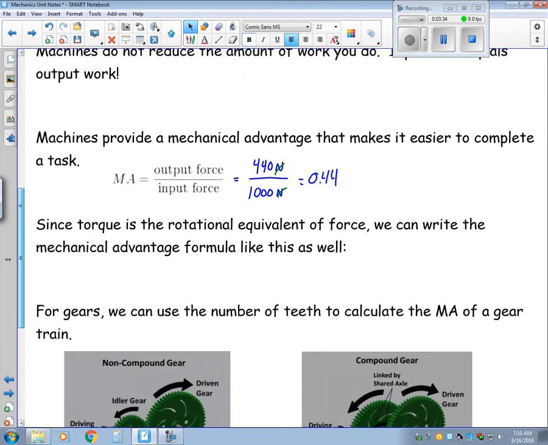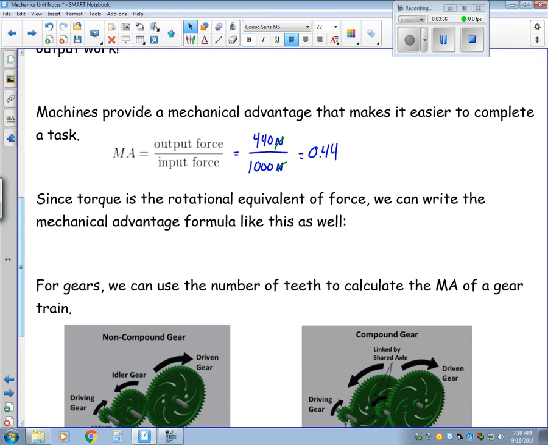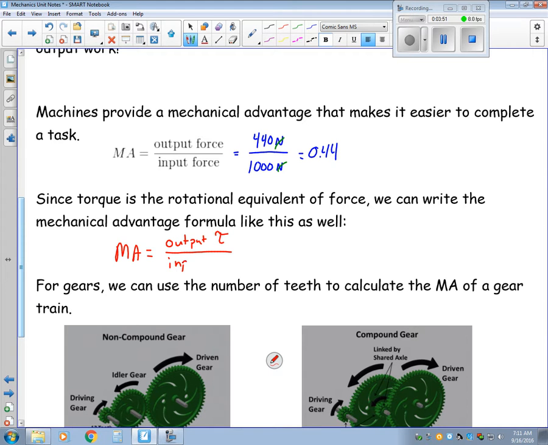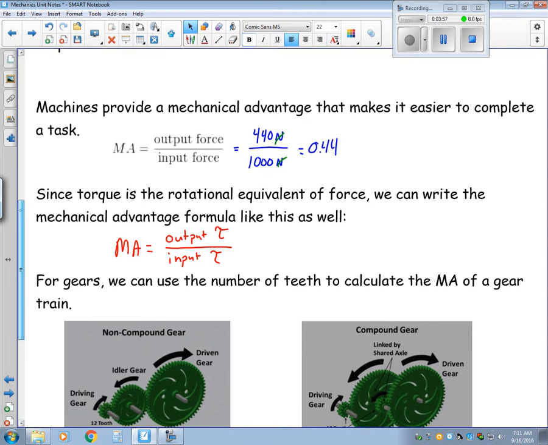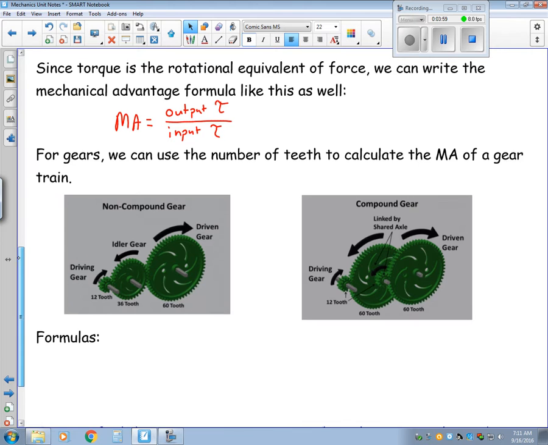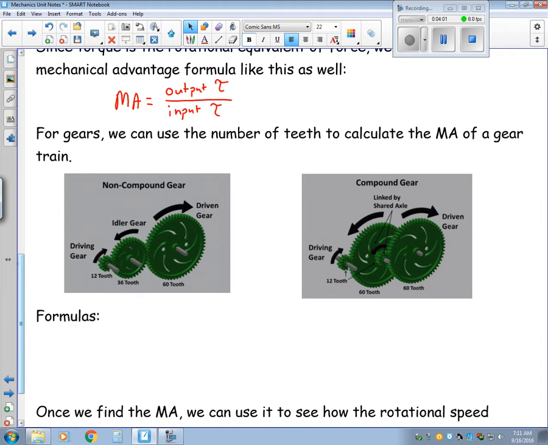Now torque is the rotational equivalent of force. So we can also write the mechanical advantage formula in terms of output torque divided by input torque. For gears, we use the number of teeth to help us calculate the mechanical advantage.